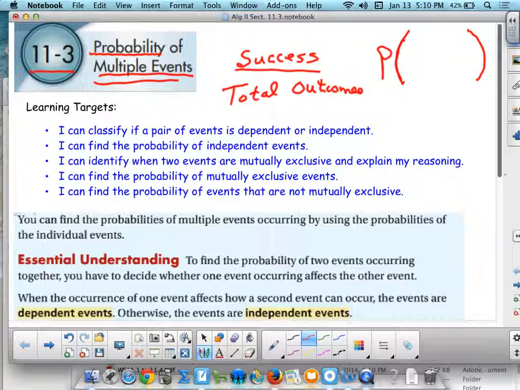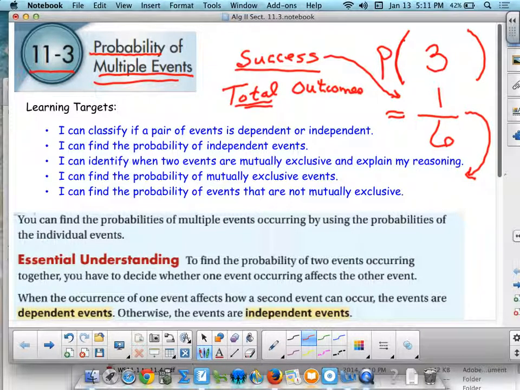If I want the probability of rolling a 3 on a 6-sided die, the success is the number of 3s on a 6-sided die. Since there's only one, it's 1 out of the total outcomes, 1 out of 6. This is your probability of rolling a 3, or you could change it over to a percentage using your calculator, 16.6 repeating percent.